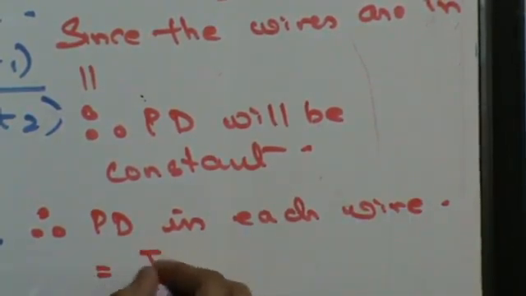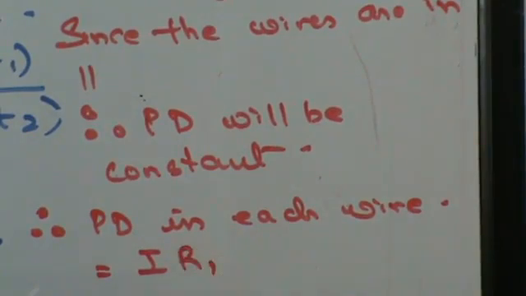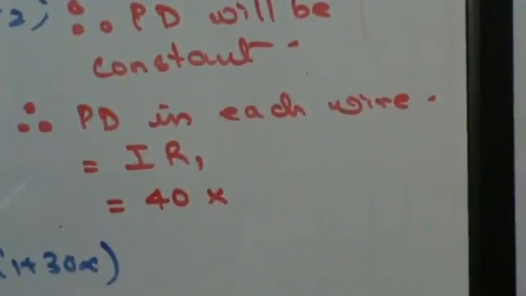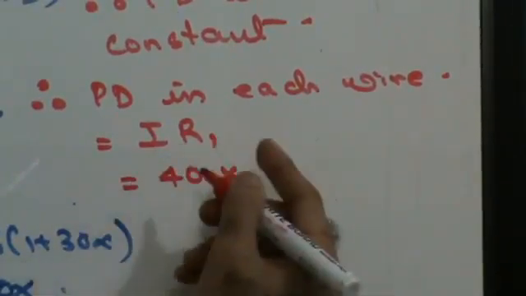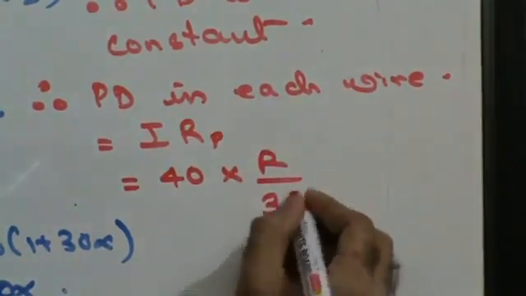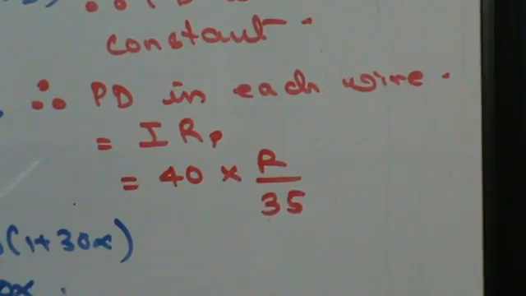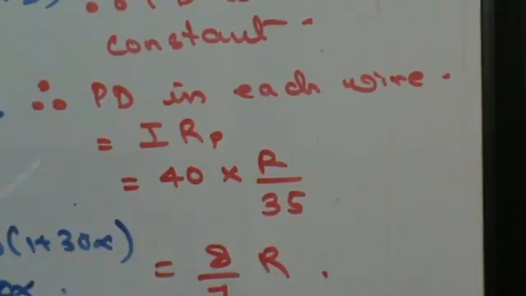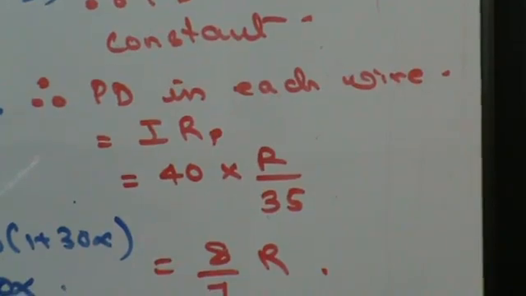By Ohm's law, potential difference is current into equivalent resistance, so 40 amps into R upon 35. That means the potential difference in each wire will be 8 upon 7 R.